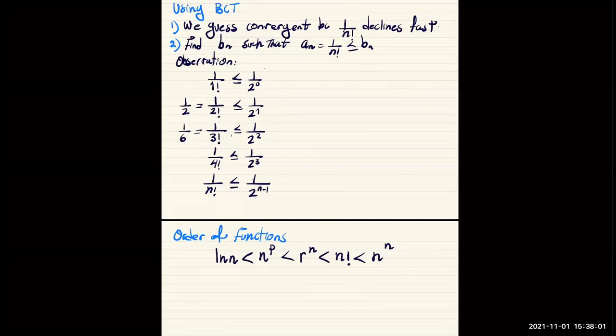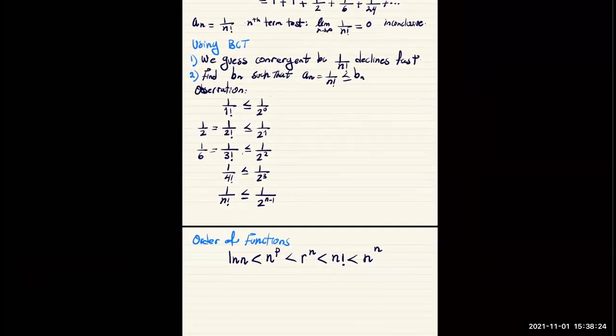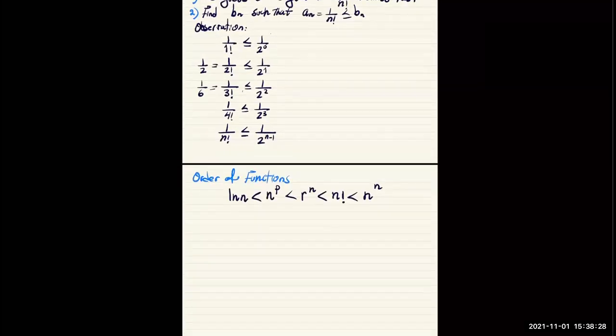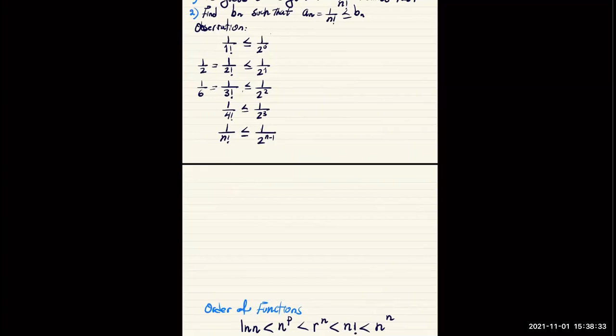This is always true: n factorial is always larger than 2 to the n minus 1, always. You can use that. The same thing can be said about the reciprocal. All right, so we just found the bounds. Next step.